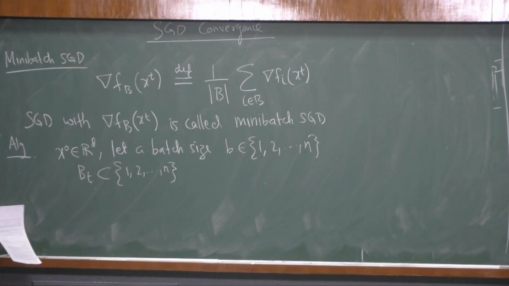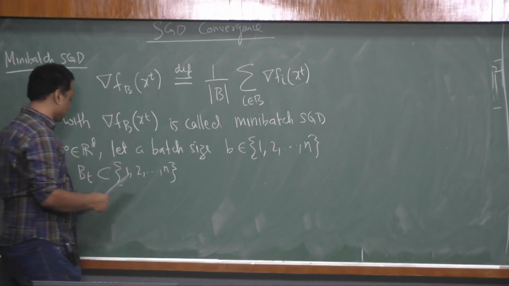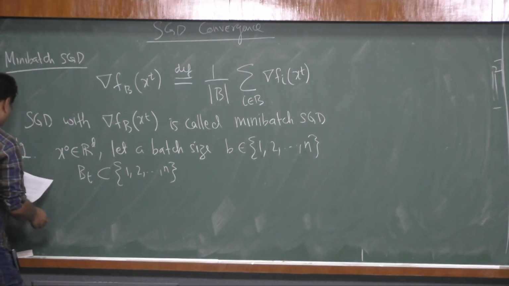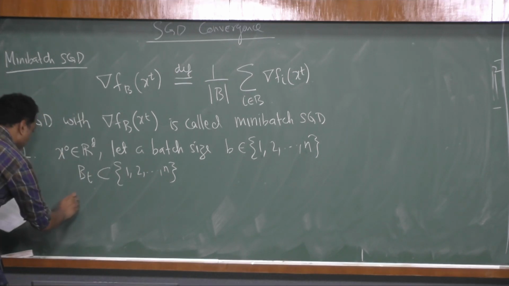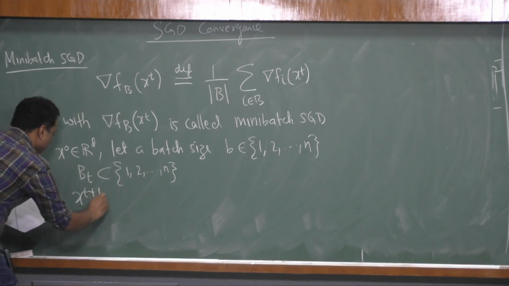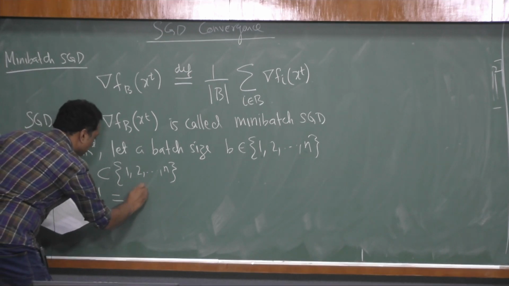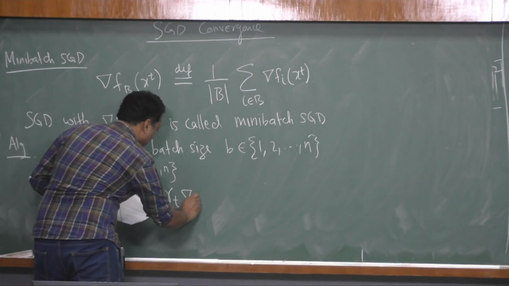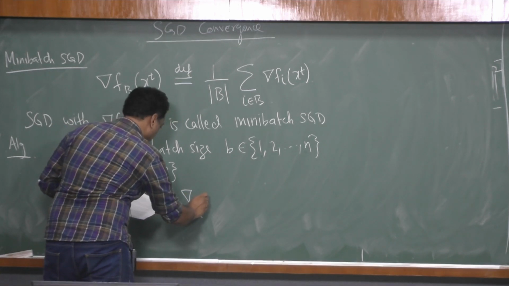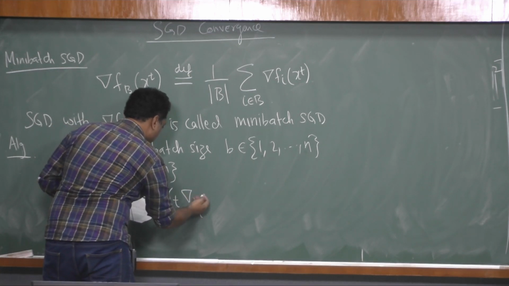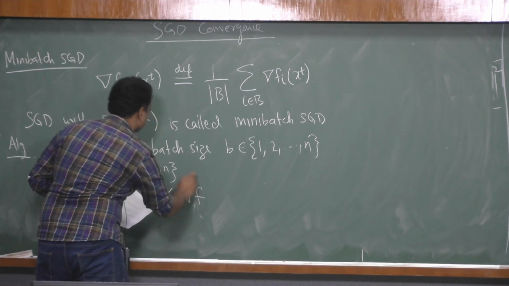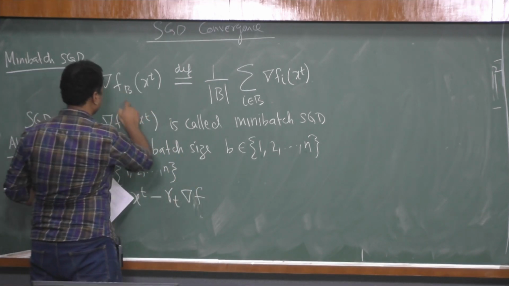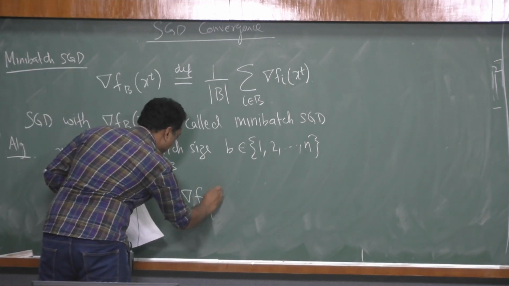It is still called SGD because the samples you choose in a batch are also random. So x_{t+1}, the update is very similar: x_t minus gamma_t grad f_{B_t}(x_t).